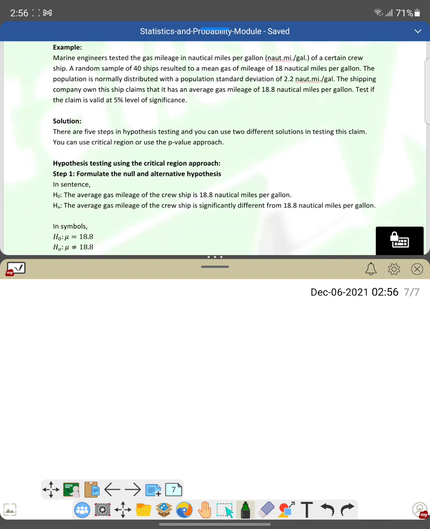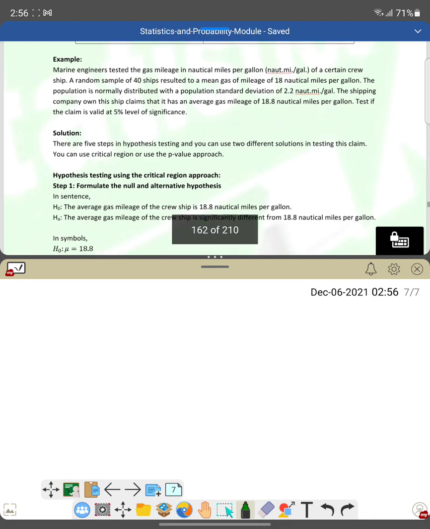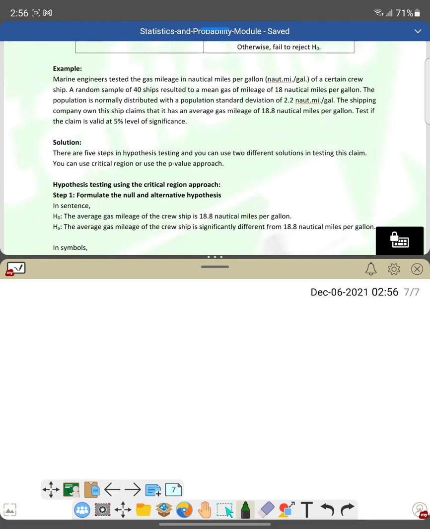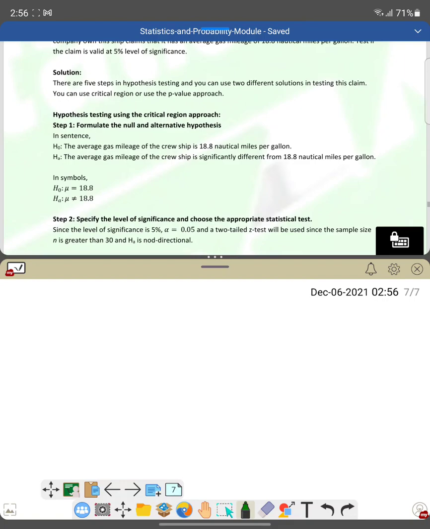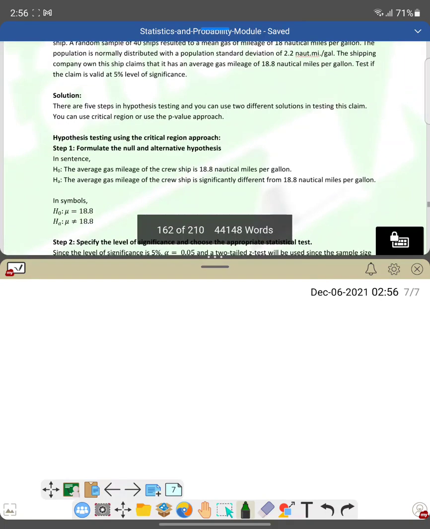For the null, the average gas mileage of a cruise ship is 18.8 nautical miles per gallon. For the alternative, the average gas mileage of a cruise ship is significantly different from 18.8 nautical miles per gallon. In symbols, it is not equal.